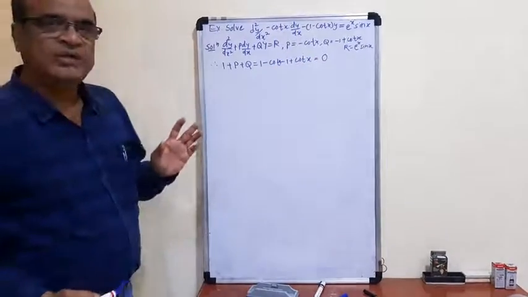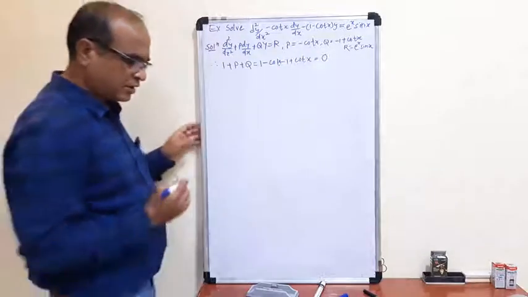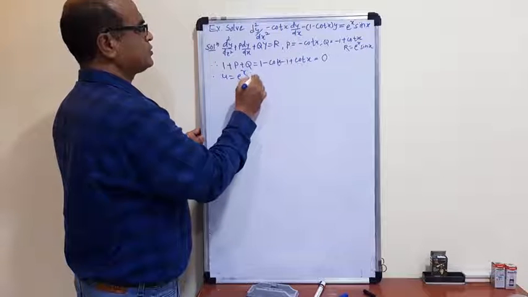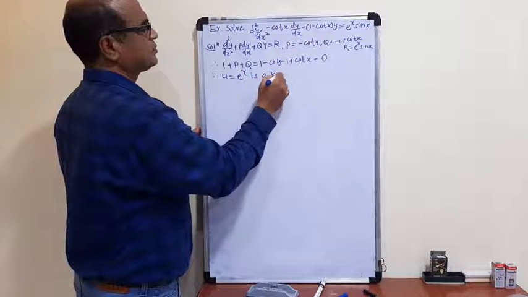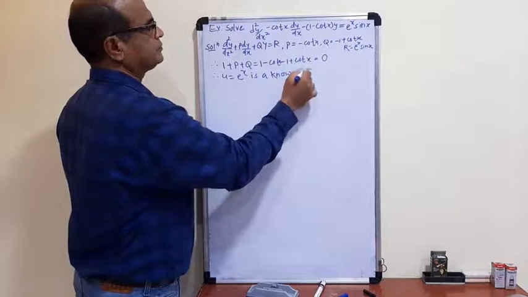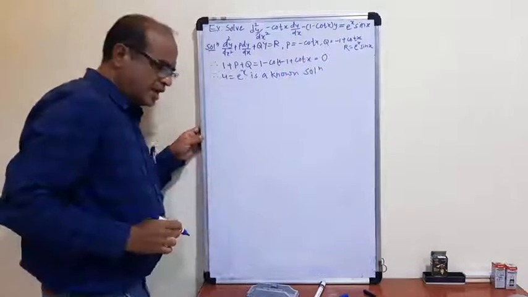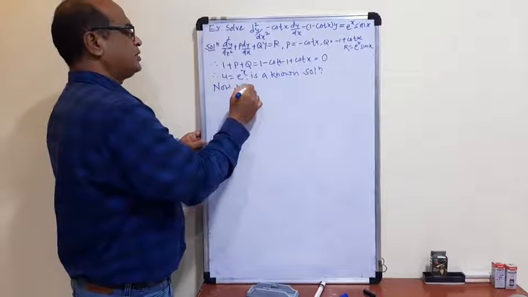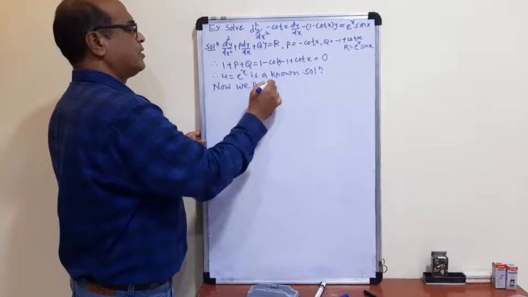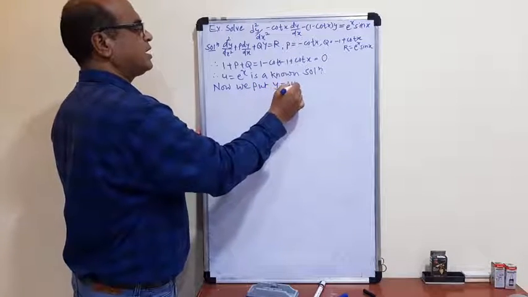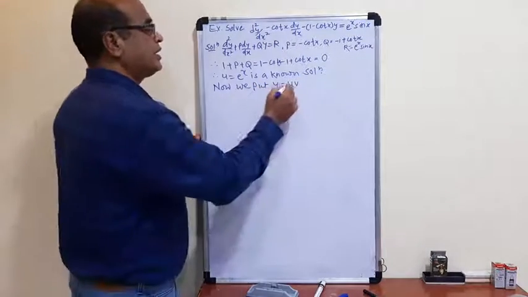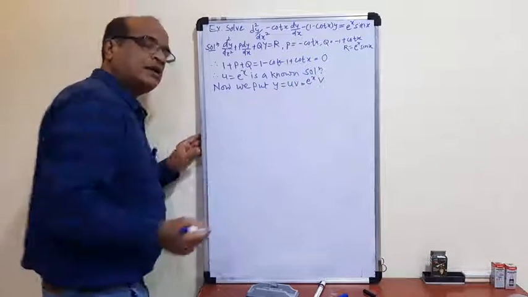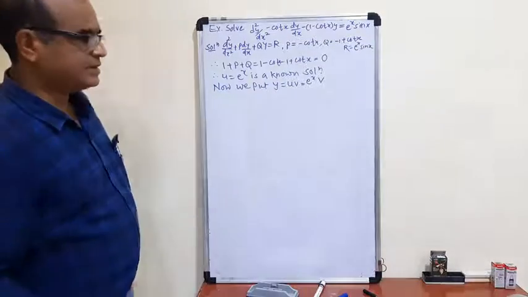If 1 plus p plus q is equal to 0, therefore u is equal to e raised to x is a known solution. Then now we put y is equal to uv. So what is u? That is e raised to x into v, where v is a function of x.